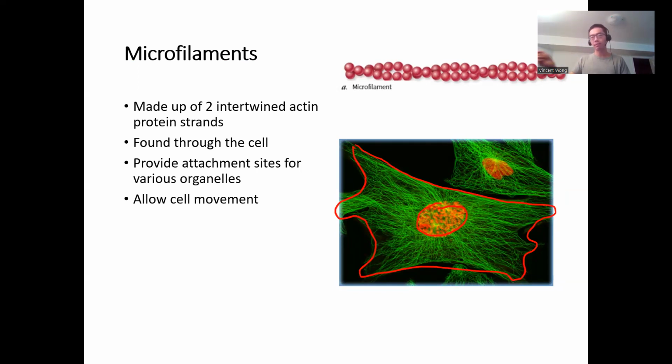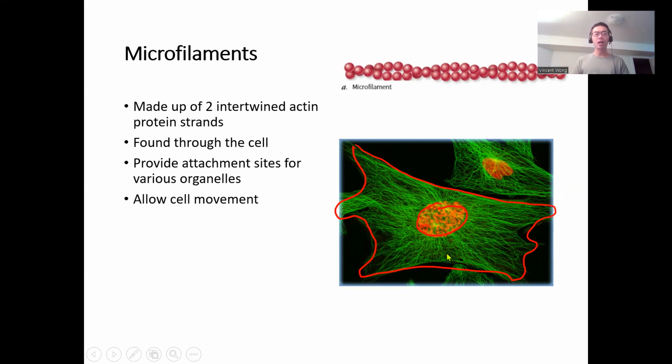You can stain different parts of the cell using different antibodies. So they tagged the actin here with a fluorochrome that gives off green color. In any case, you can see the actin is essentially everywhere in the cytoplasm.